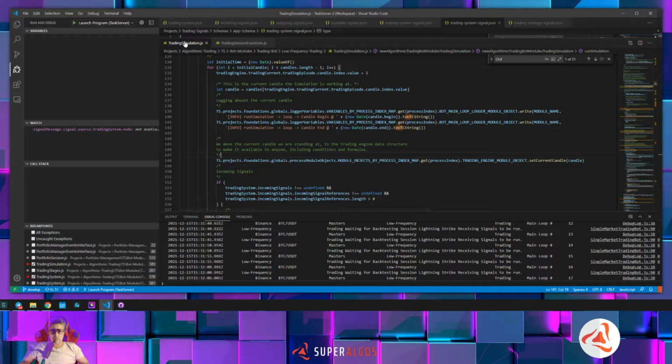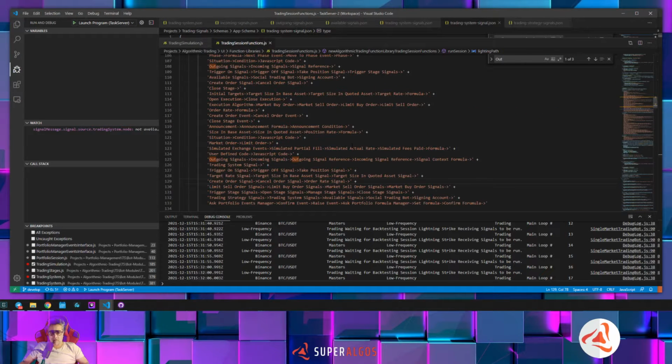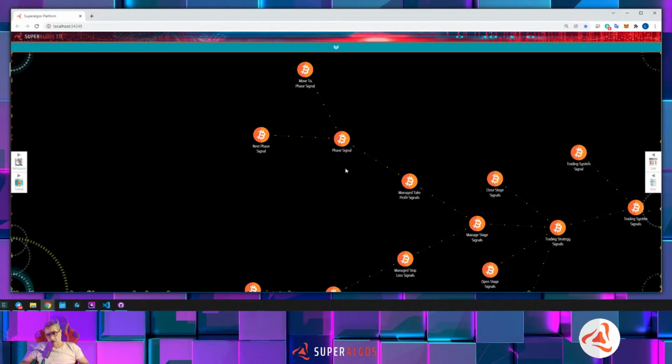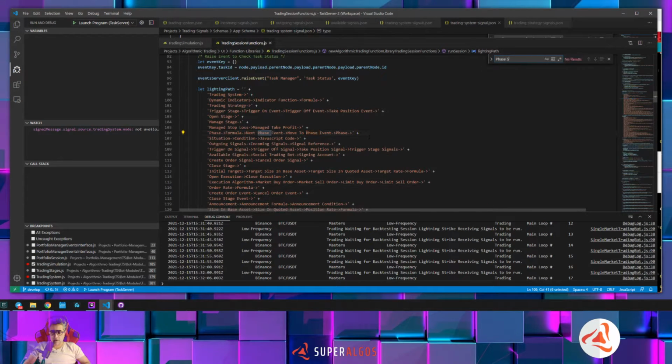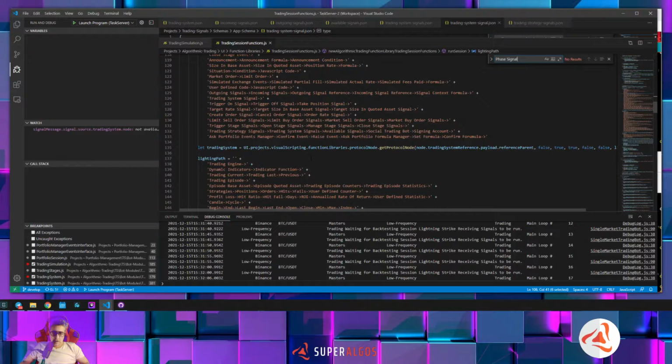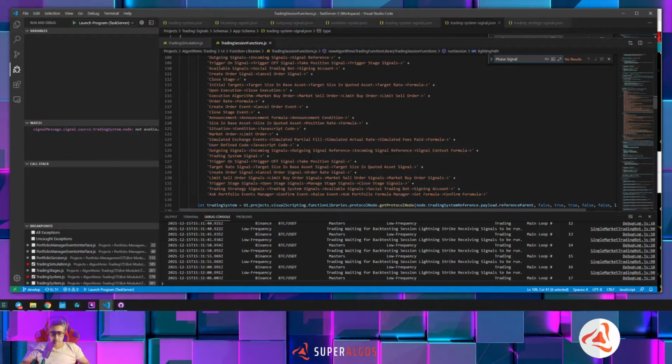Maybe here? No, trading session functions here. Okay, which is the name of the guy? It's called phase signal. So phase signal is not here. It's not here, and that is a problem. The question is which others are not here that there should be.